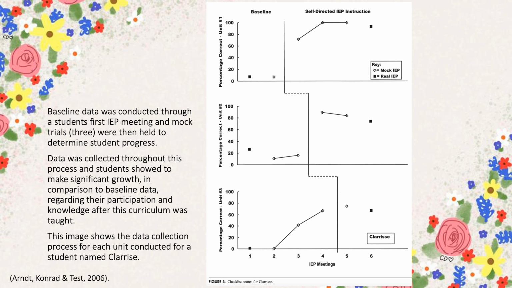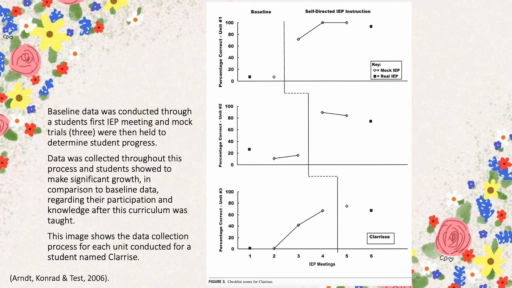This is some data collection for one of the students. You can see that it's broken down into the 3 different units. On the very far left was their actual IEP meeting that took place and their level of participation at that meeting. And then you see the 3 mock trials after that. The 3 mock trials were just with the teacher and with some other staff members to review what they would be doing.